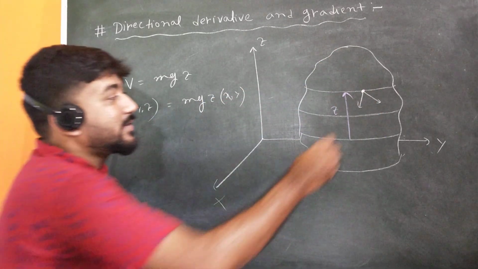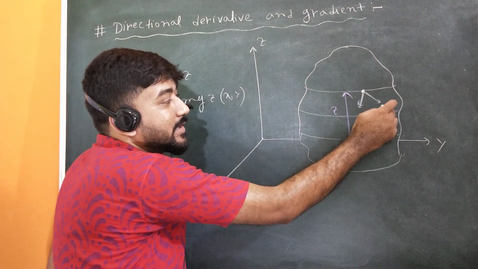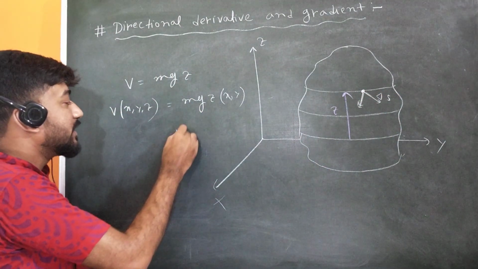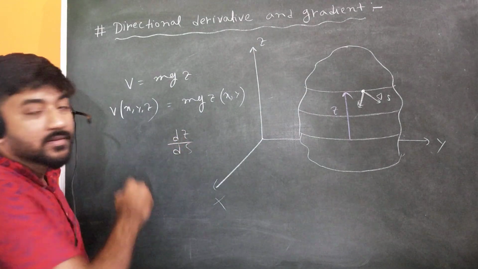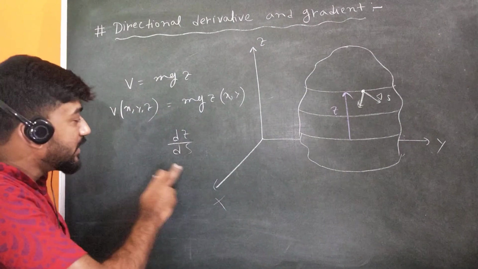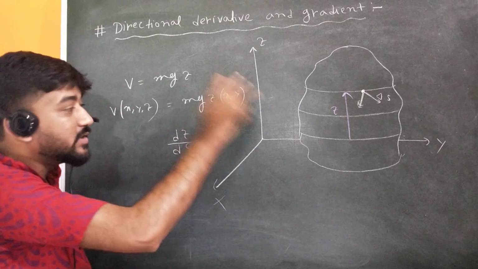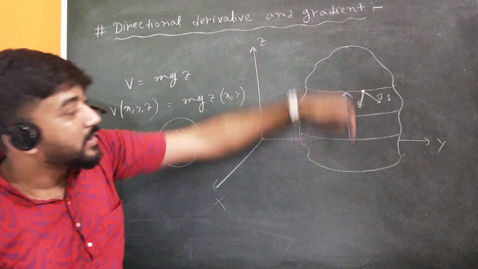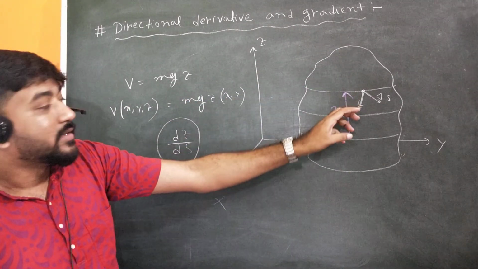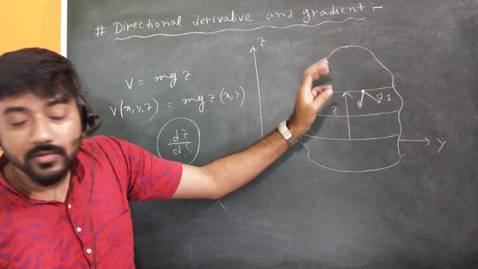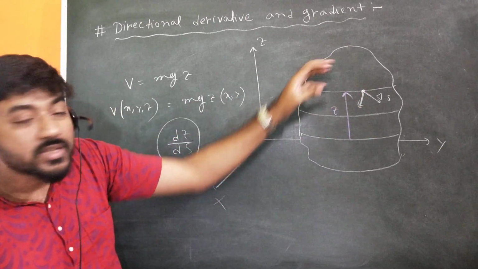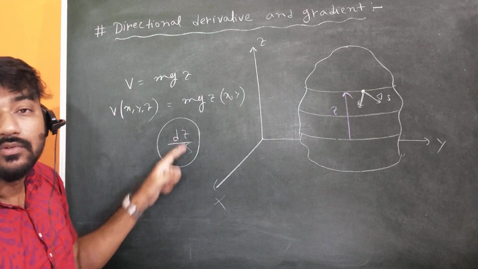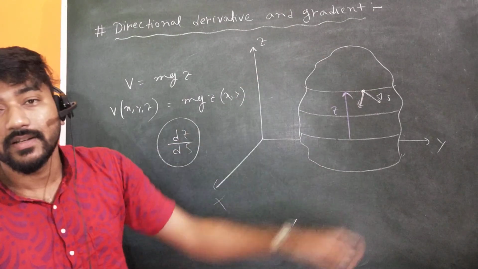So let me take this direction as s, the arc length, or change of arc length delta s. So you have to find dz upon ds again. But now we are interested not only in dz upon ds, but also in which direction this dz upon ds is maximum. That will tell you in which downward direction you will get the steepest slope.